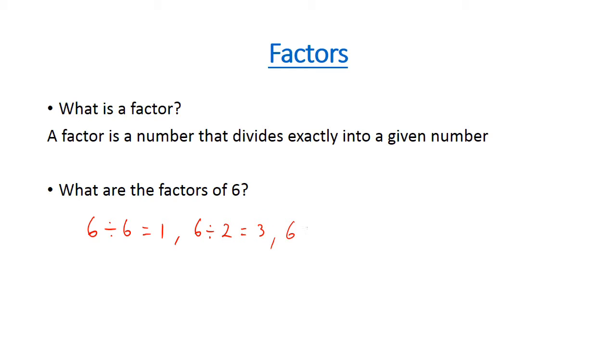We know 6 can be divided by 3 and that gives us 2, and we know that 6 can be divided by 1 and that gives us 6. So we can say that the factors of 6 are 6, 2, 3 and 1 because all of those numbers go exactly into 6.